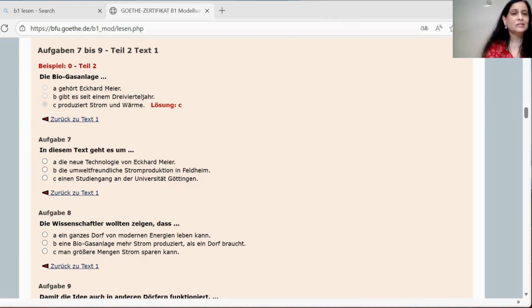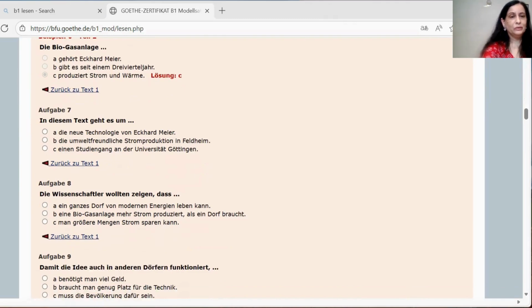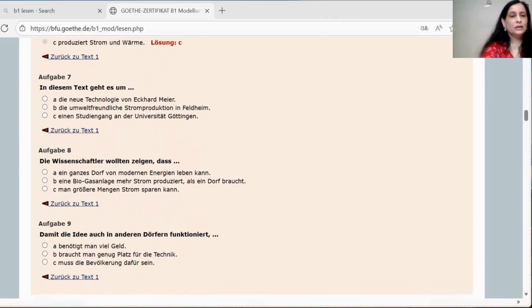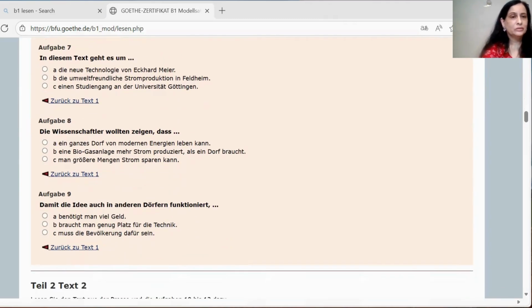And the last one is einen Studiengang, meaning a student course at the University of Göttingen. So here B is the correct answer, right? Because this text is all about environmentally friendly energy production.